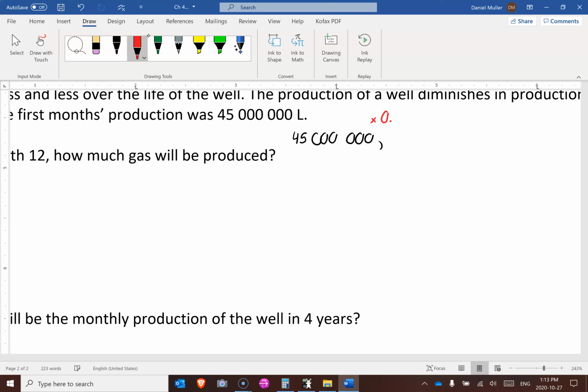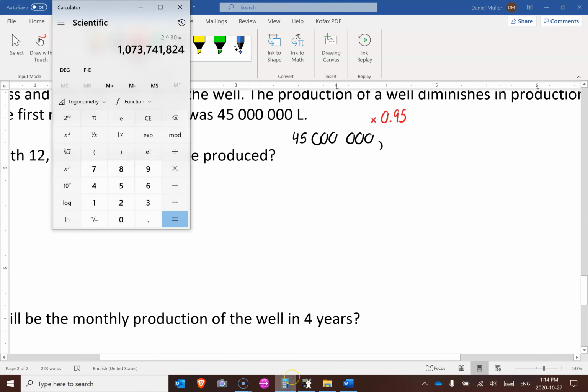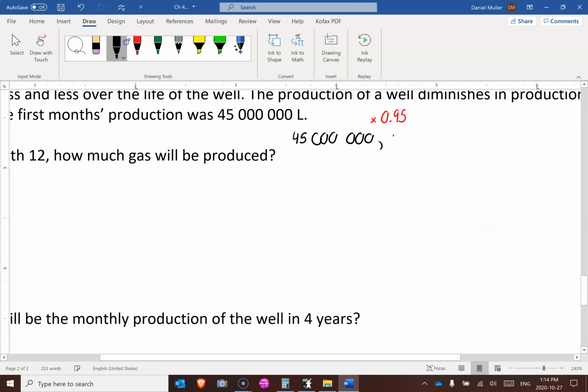So we're going to times it by 0.95 because that means we're keeping 95%, and that also means we're losing the 5%. So 45 million times 0.95 is 42,750,000. I don't want to do commas.